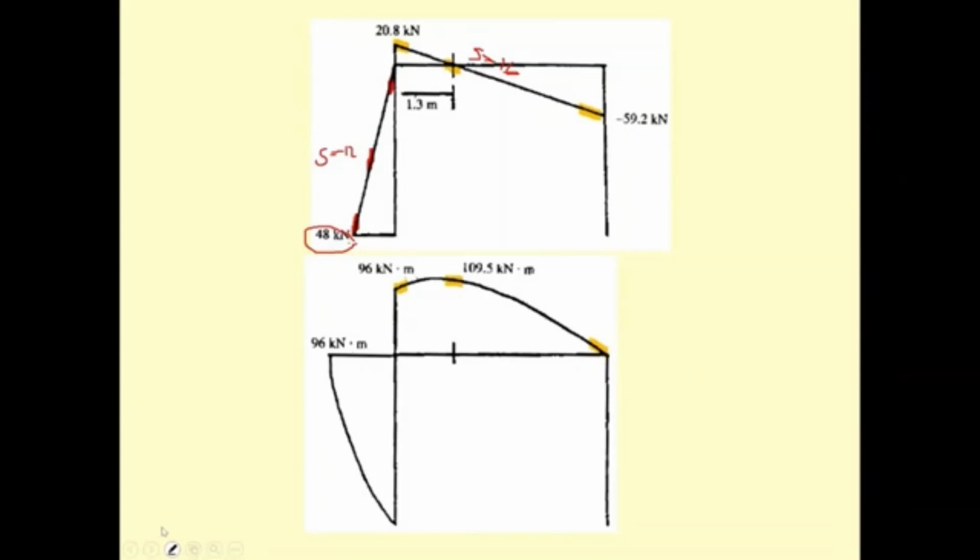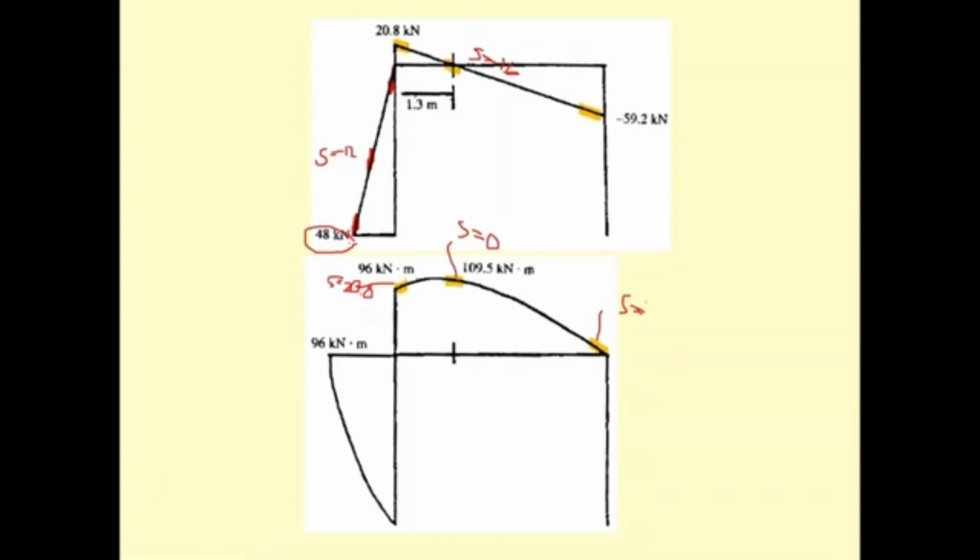You may put this one, the slope here, equal to 20.8, and this one equal to 0, and this one equal to 59.